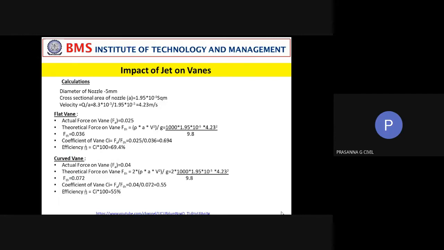In the case of the flat vane, the actual force obtained from the experiment was 0.025, and the theoretical force calculated with the formula was 0.036. Hence, the coefficient of the vane was calculated as 0.694 and the efficiency 69.4%.